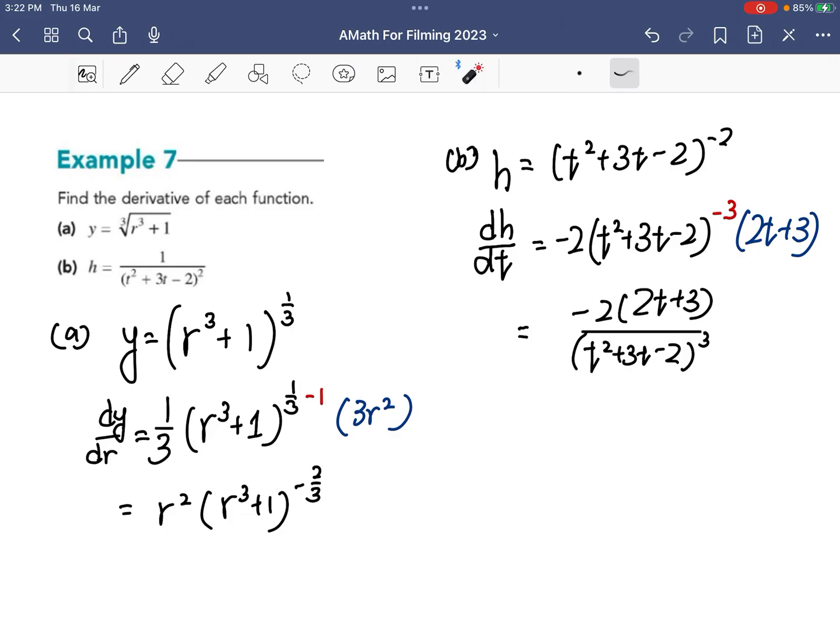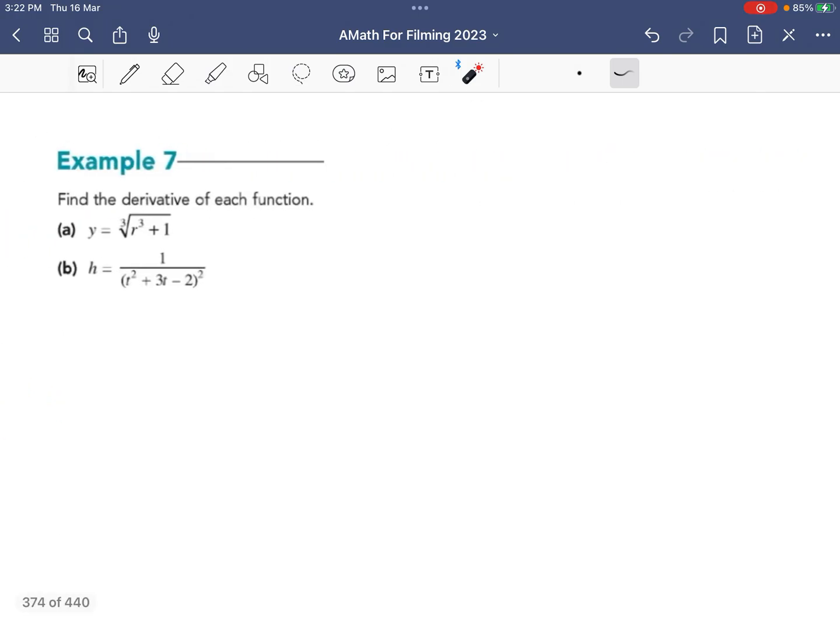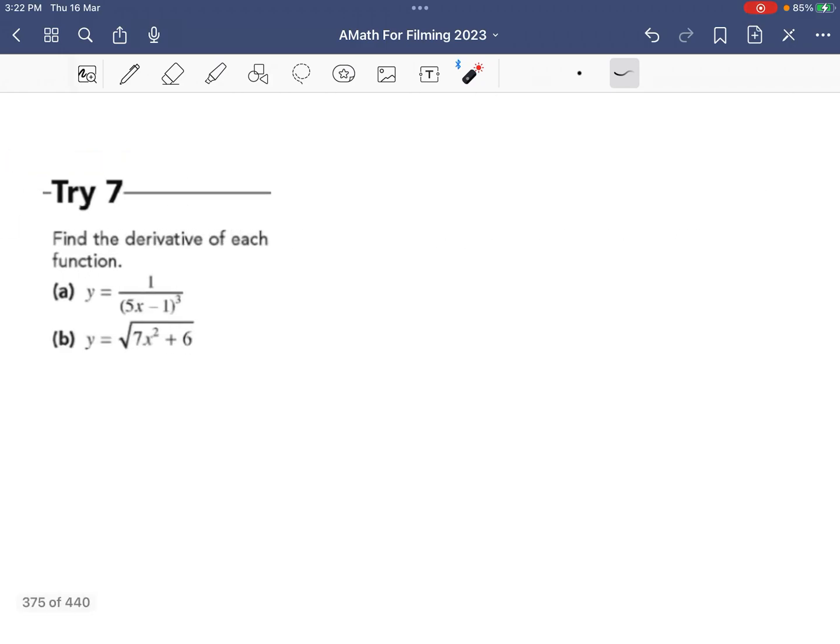So I just put this part in the denominator to express it in positive index form. Can you take some time now to try 7? And I think that's the last part of this lesson. If you have done, unpause the video and we can do it in 3, 2, 1.